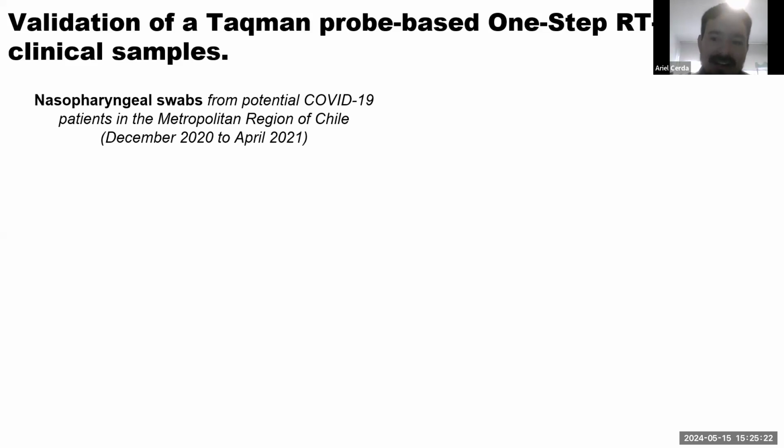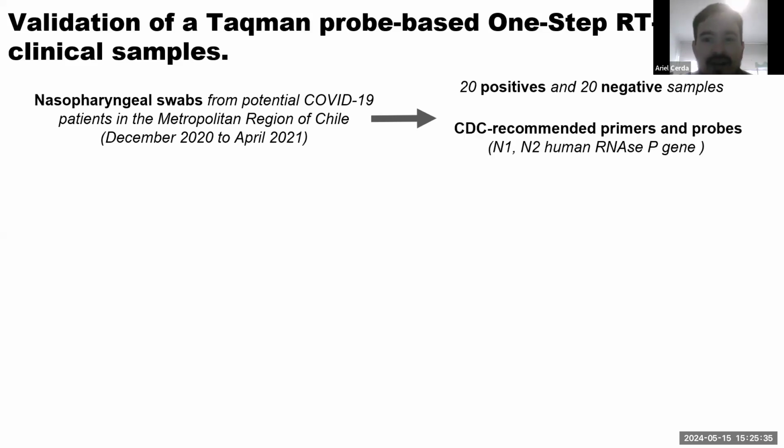These samples were first analyzed and categorized in a clinical laboratory into 20 positive and 20 negative samples, following the CDC recommended RT-qPCR guidelines. And we used the same primers, the N1 and N2 targets of the SARS-CoV-2 nucleocapsid protein. Additionally, we amplify the human RNase P gene target as an internal control.